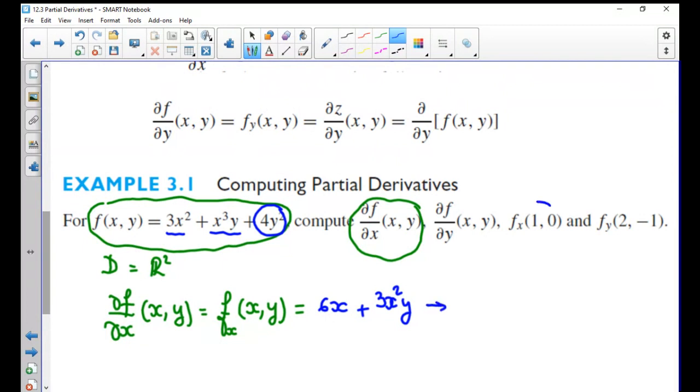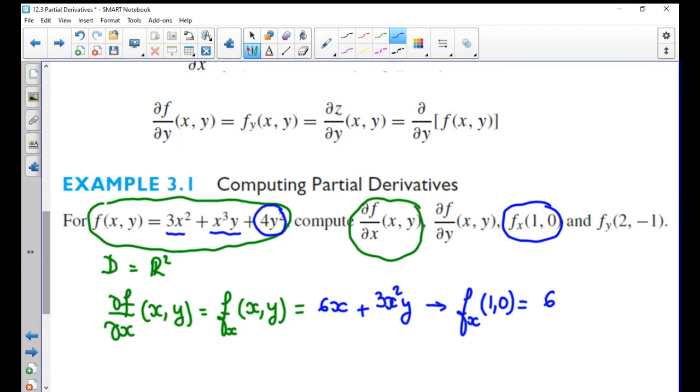Now, we are also asked to find what this derivative is at the point (1, 0). So I can find now fx at (1, 0). That means x is 1, y is 0. Substitute. So it's going to be 6 times 1, which is 6. And then the other term will give us 0 because y is 0.